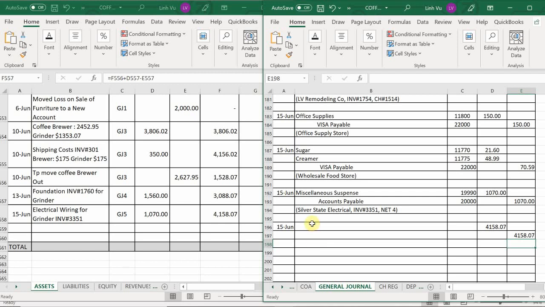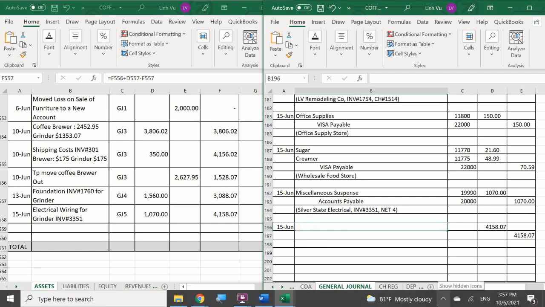We have the coffee grinder and the miscellaneous on the credit side. So coffee grinder, what account number is that? Good question. I don't remember. Let me see.